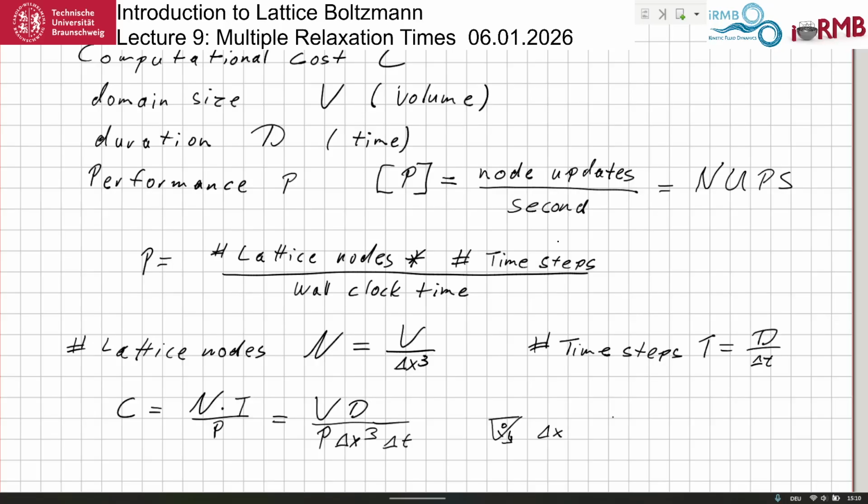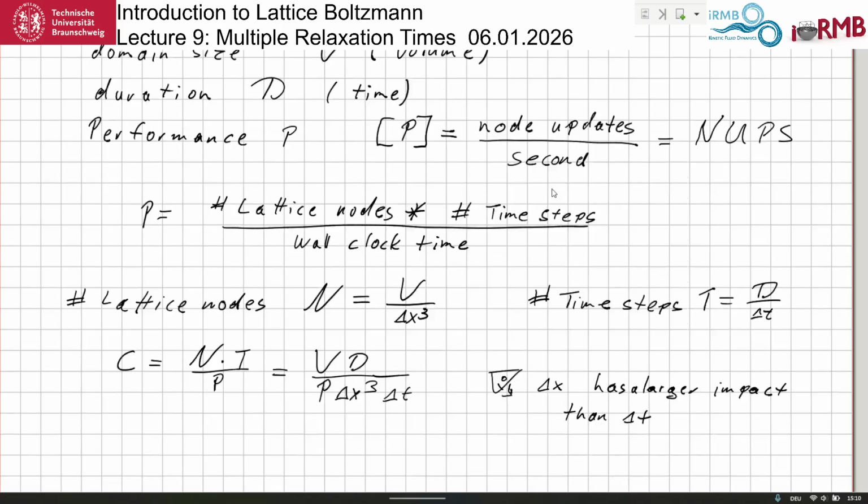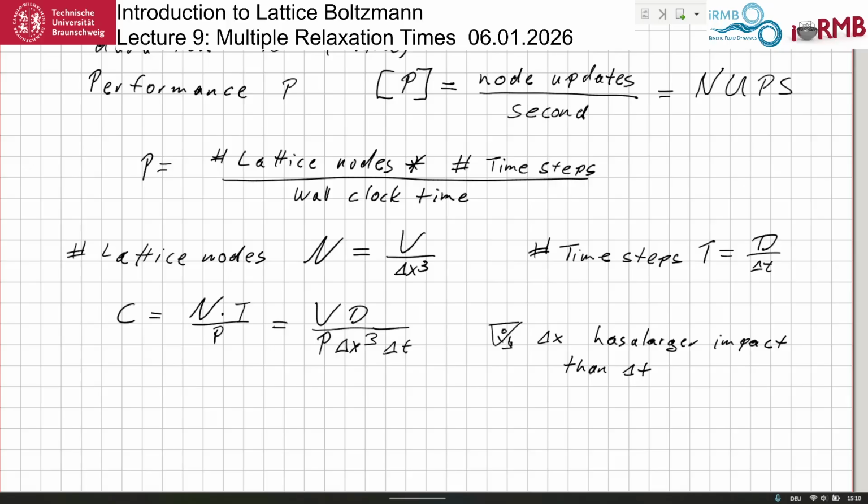But the grid spacing has, of course, a larger impact than delta t because it goes in with the cube.